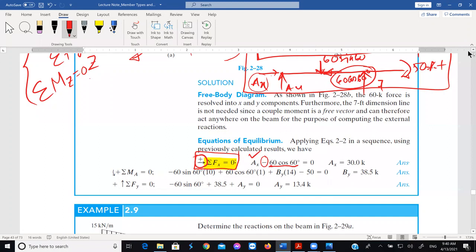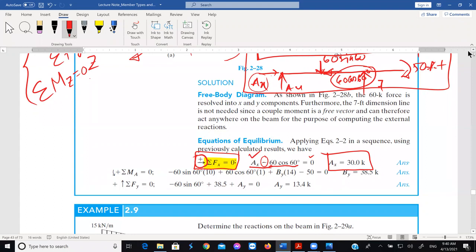So if rightward is positive, then leftward must be negative. That's how the algebraic sum works. And these are the two horizontal forces working on this member, and their summation must be equal to 0, from which we get the horizontal reaction as 30.0 kip.